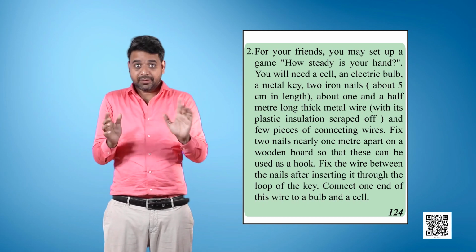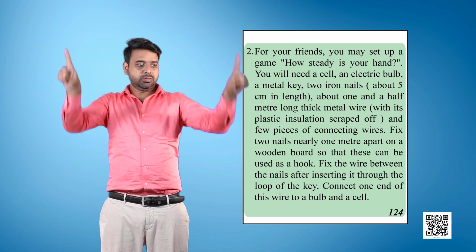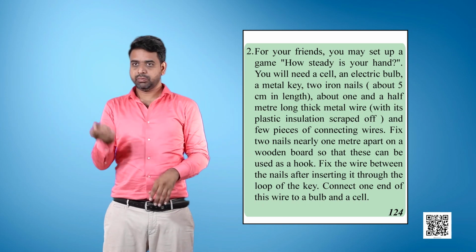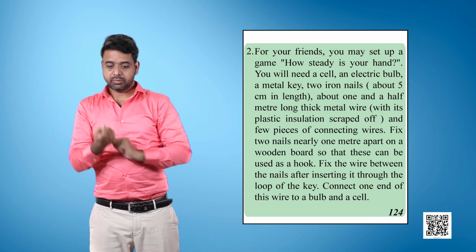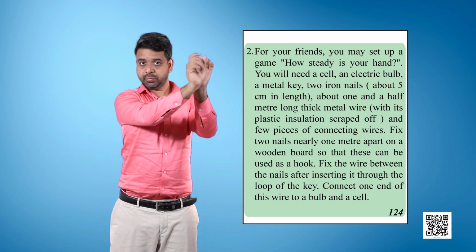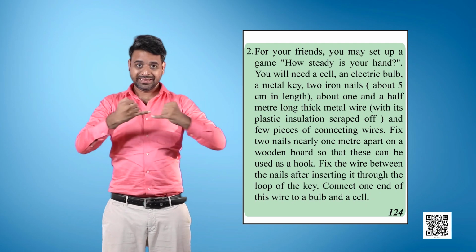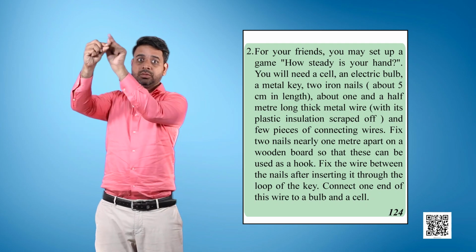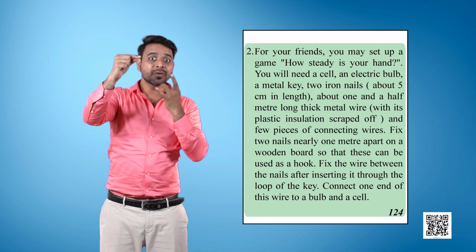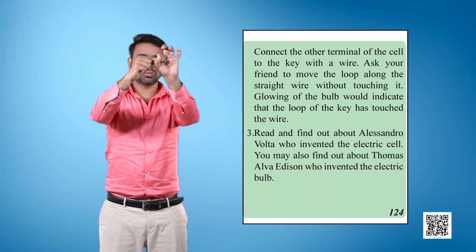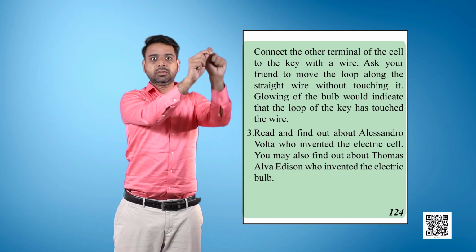Fix 2 nails nearly 1 meter apart on a wooden board so that these can be used as a hook. Fix the wire between the nails after inserting it through the loop of the key. Connect one end of this wire to a bulb and a cell. Connect the other terminal of the cell to the key with a wire.